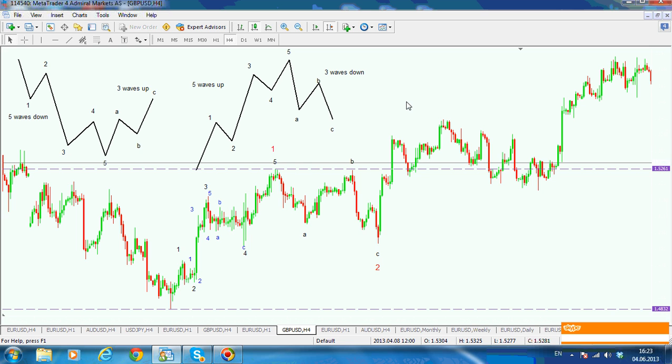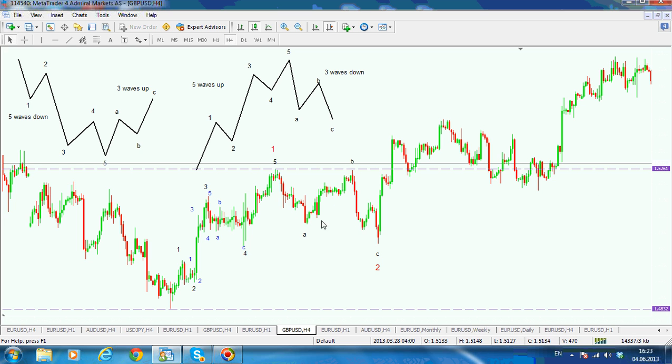The complexity of the Elliott wave comes from the different degrees that the wave comes, and this complexity is being given by the type of the corrections.